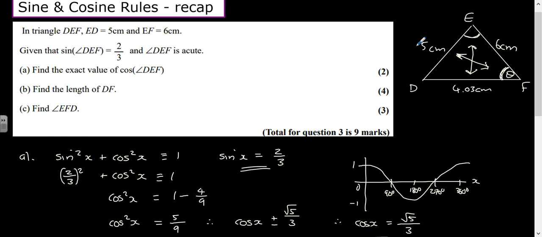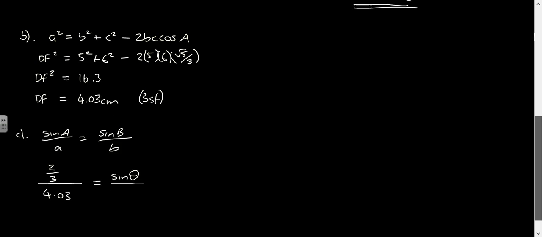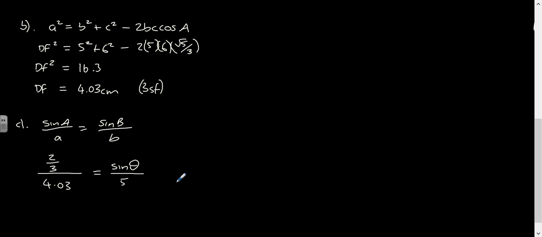And the side opposite that angle is 5, so I've got sine theta over 5. And that means that sine theta is 5 times 2/3 divided by 4.03, and I'll leave that in my calculator. And then I'll do arc sine all at the same time.